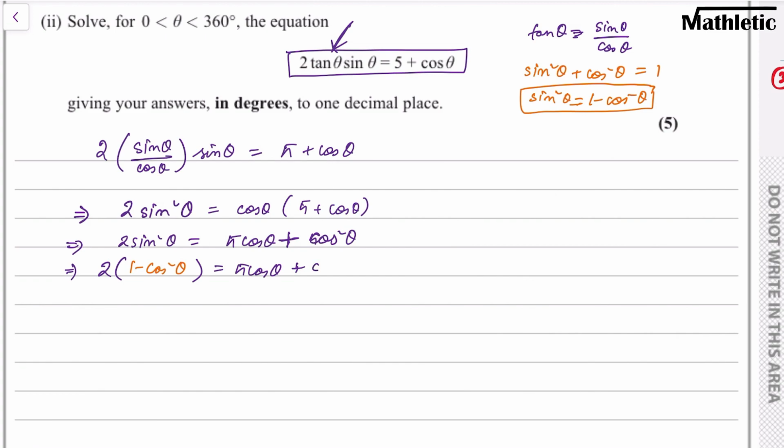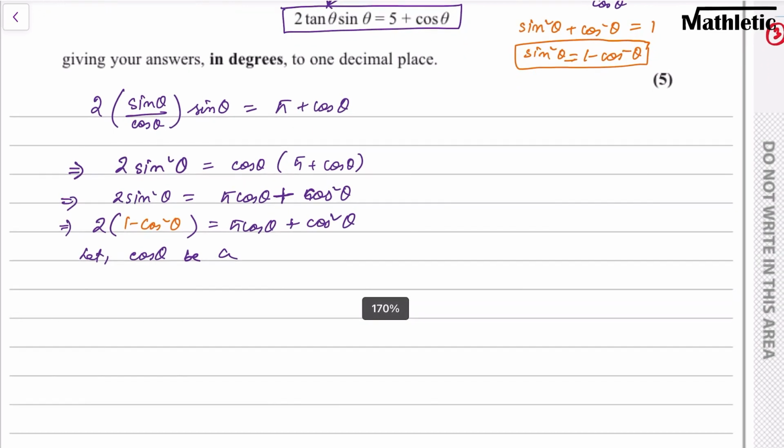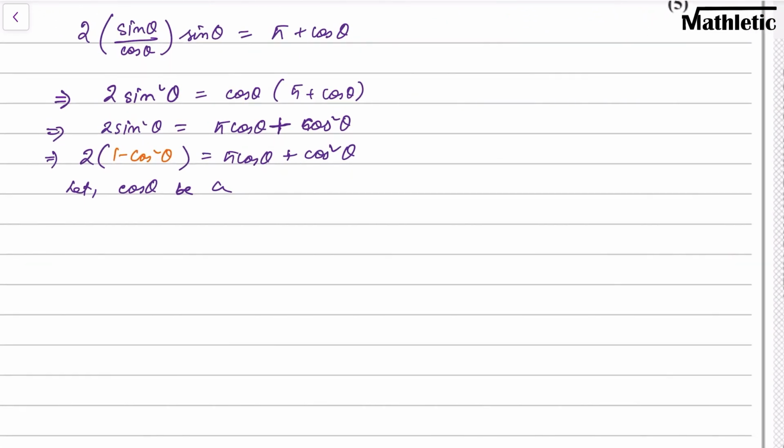You can solve the middle term equation in this situation, but I prefer replacing cos theta by, let cos theta be a, because it's easier to work with a instead of cos related thing. So the equation will become 1 minus a square, 5a square. So it's easier to simplify now.